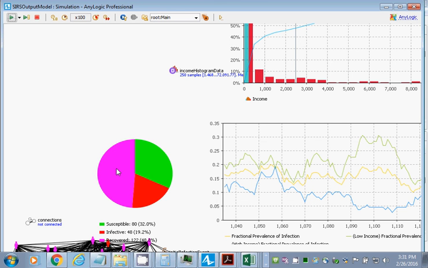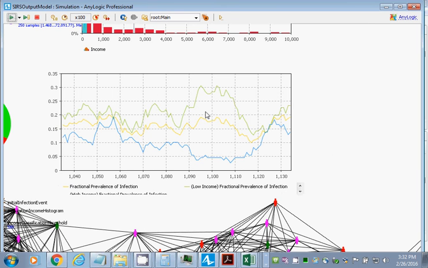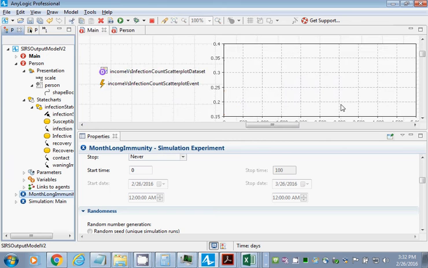Remember this? Fractional prevalence among low income, high income. And that could give us some sense as to the underlying patterns and where infection is being felt in the population, where the burden is. Mind you, in our population, we have income as a continuous quantity, but it was useful for the purposes of illustration to summarize it in a stratified way.